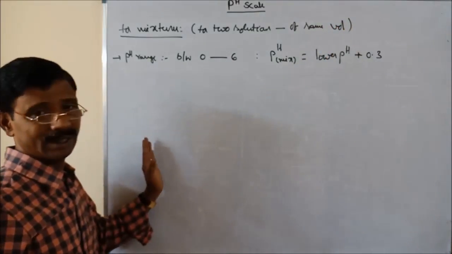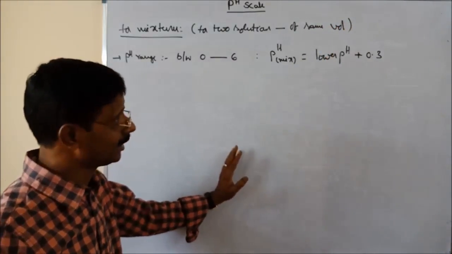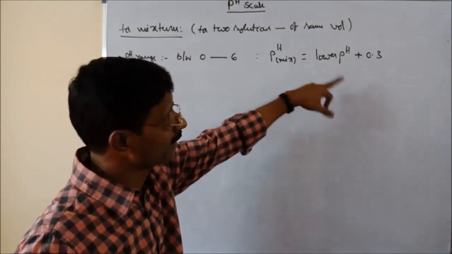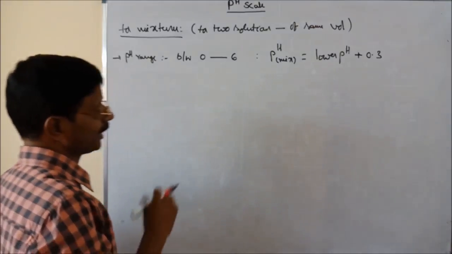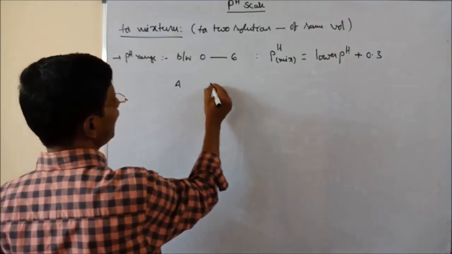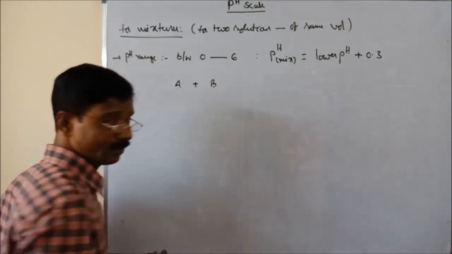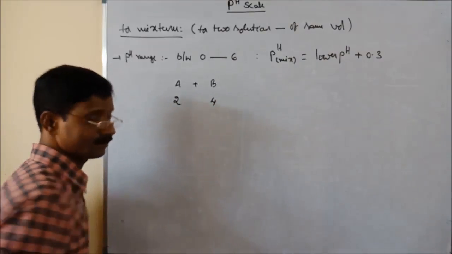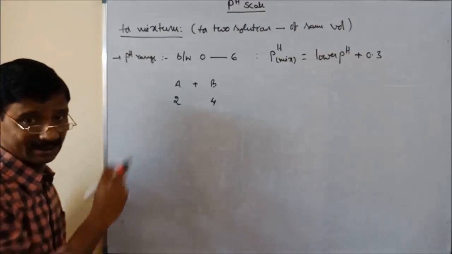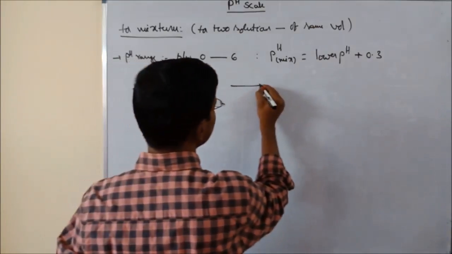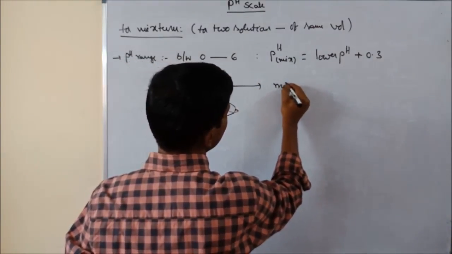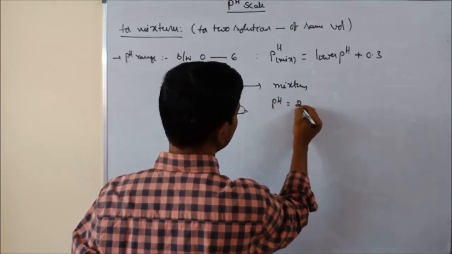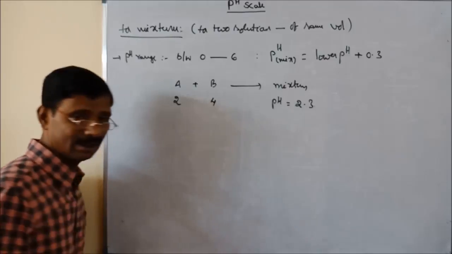Means 1 liter of A and 1 liter of B. If you mix that, then the pH of the mixture is the lower pH value plus 0.3. Now just I will give the clarity. Suppose A and B are mixed in the same volume. Its pH is 2 and the other's pH is 4, between 0 and 6. Then for this mixture, the pH is almost 2.3.